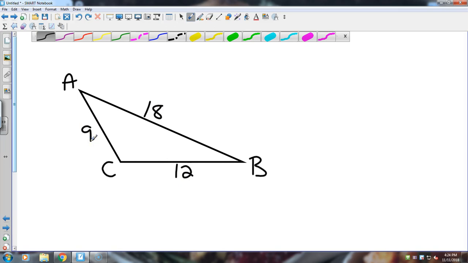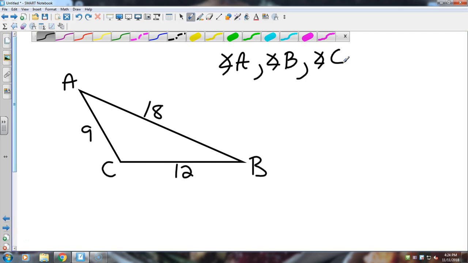Let's use indirect logic, and I want you to list the angles, angle A, angle B, and angle C, in order from least to greatest. Which angle is the smallest, which one's in the middle, and which one is the largest. So go ahead and hit pause and make that list.